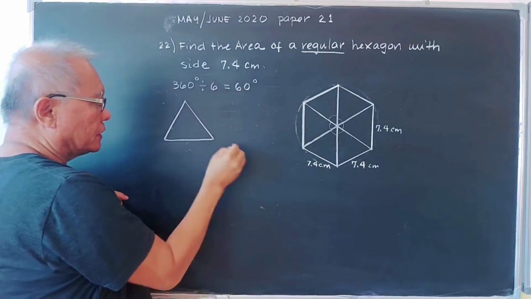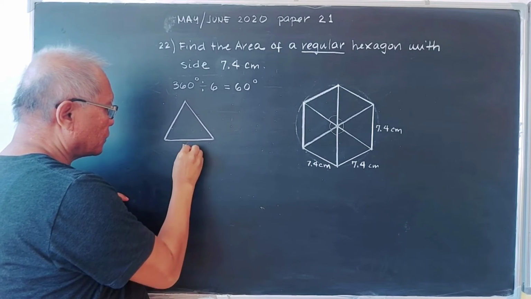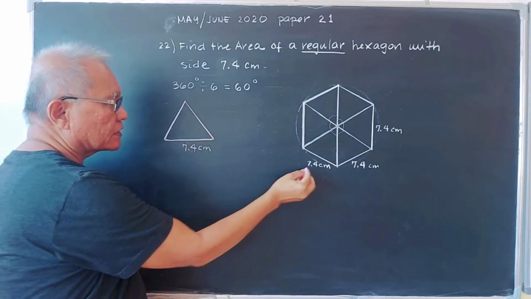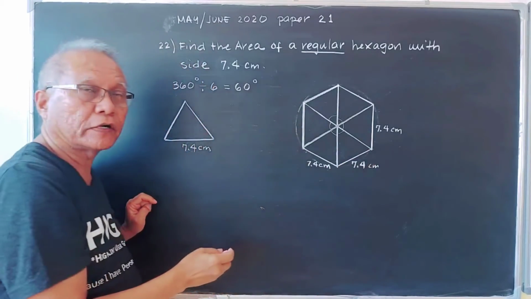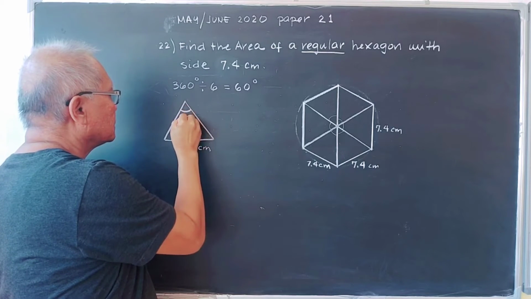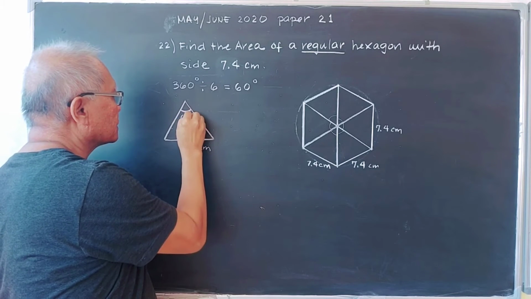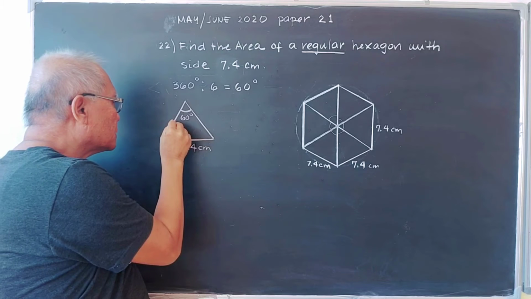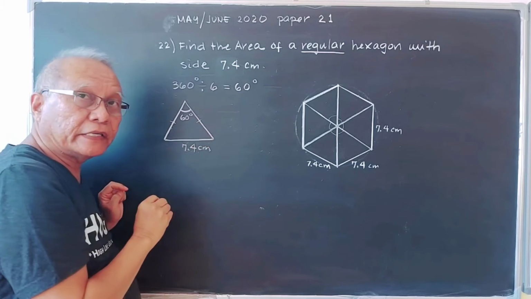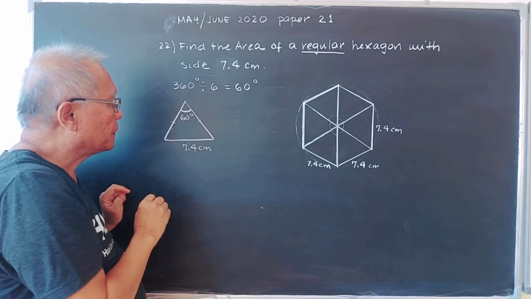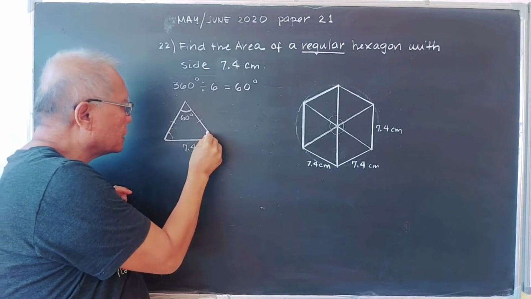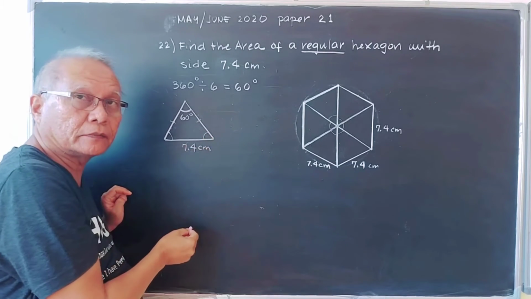This is 7.4 centimeters. That's the length of the side of our hexagon. Now we have this one 60 degrees. And these two sides here, they are equal. Because they are equal, then these two angles here are equal.